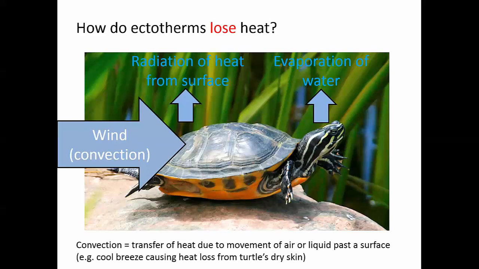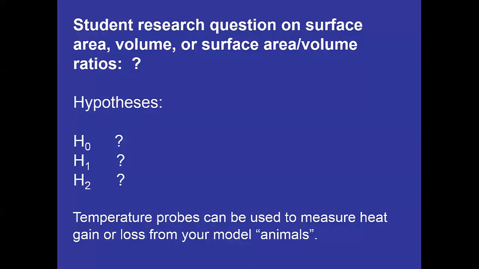So you are going to design an experiment this week based on your knowledge of surface area to volume ratios and how heat transfers to ectotherms, meaning organisms that don't generate their own body heat. So you're going to use models, whether it be clay or those Christmas bulbs or some other object, and you're going to test some aspect of thermal biology.